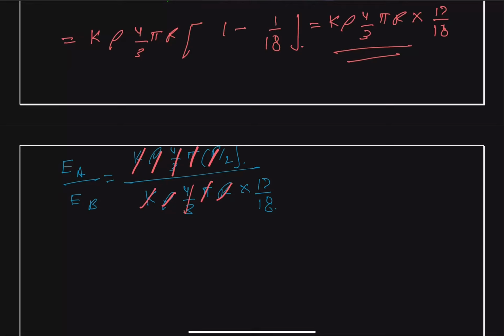We are left with 1 by 2 multiplied by 18 over 17, and now 18 goes by 9, so this comes as 9 upon 17. So the ratio of electric field A upon electric field B is 9 upon 17.